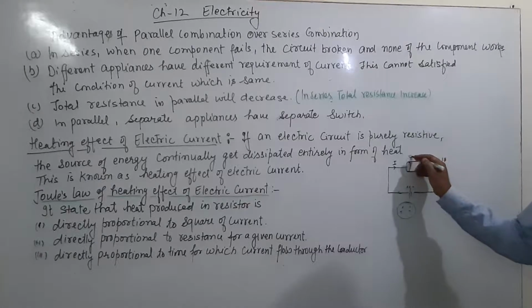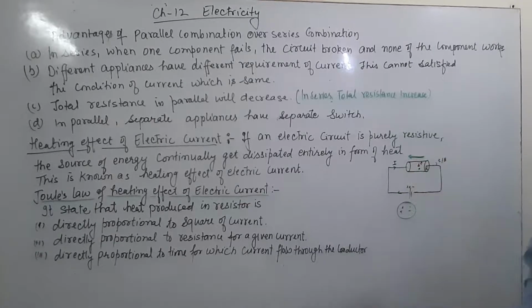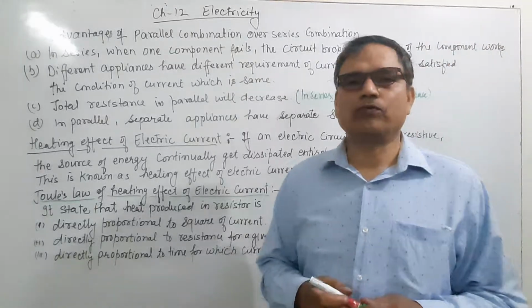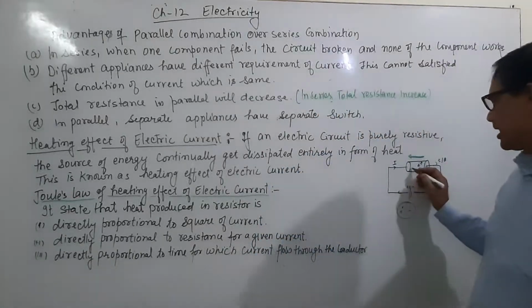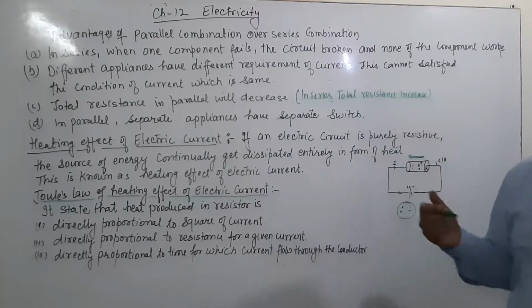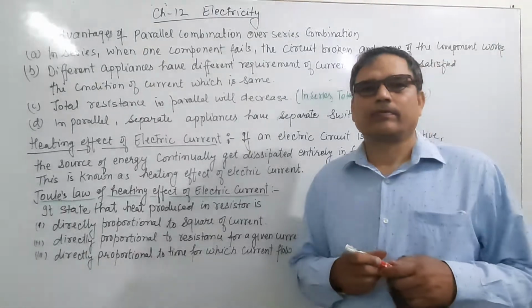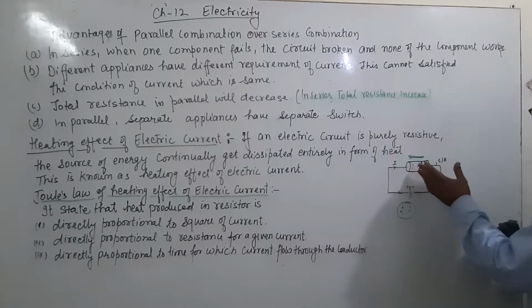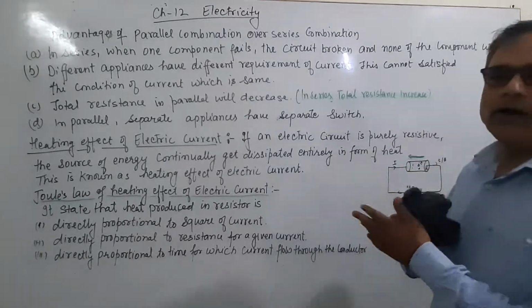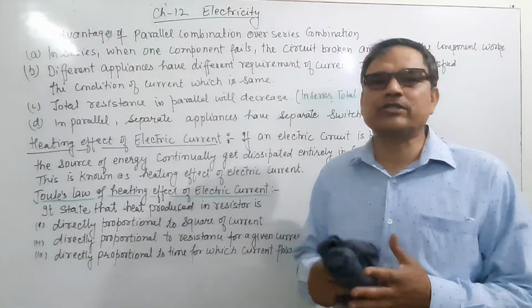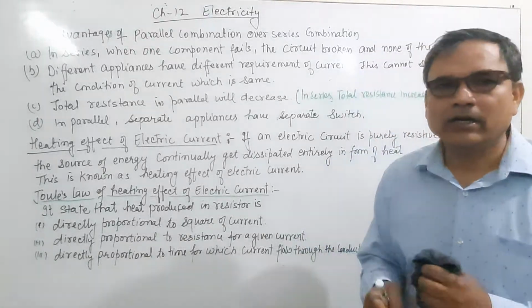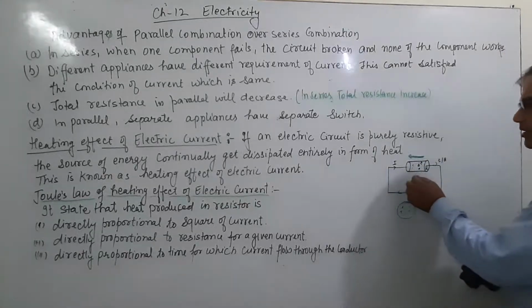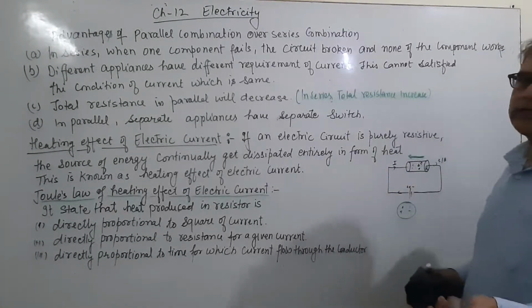They are free to move. Some other charges are also there, and they strike each other. They resist the electron, applying some forces, and due to friction or collision, heat is generated, and this heat is dissipated.